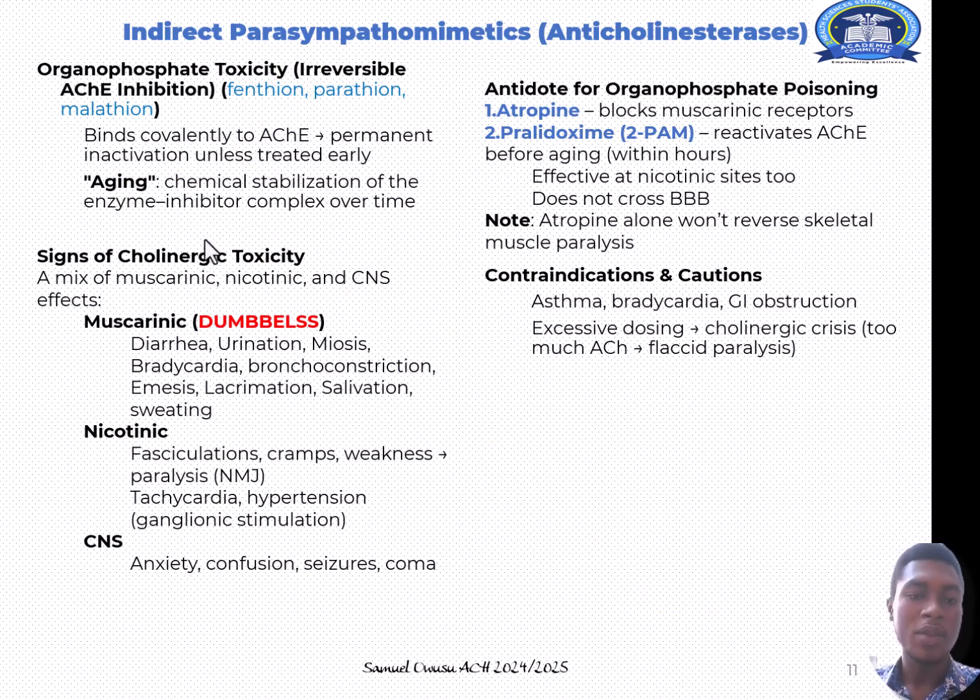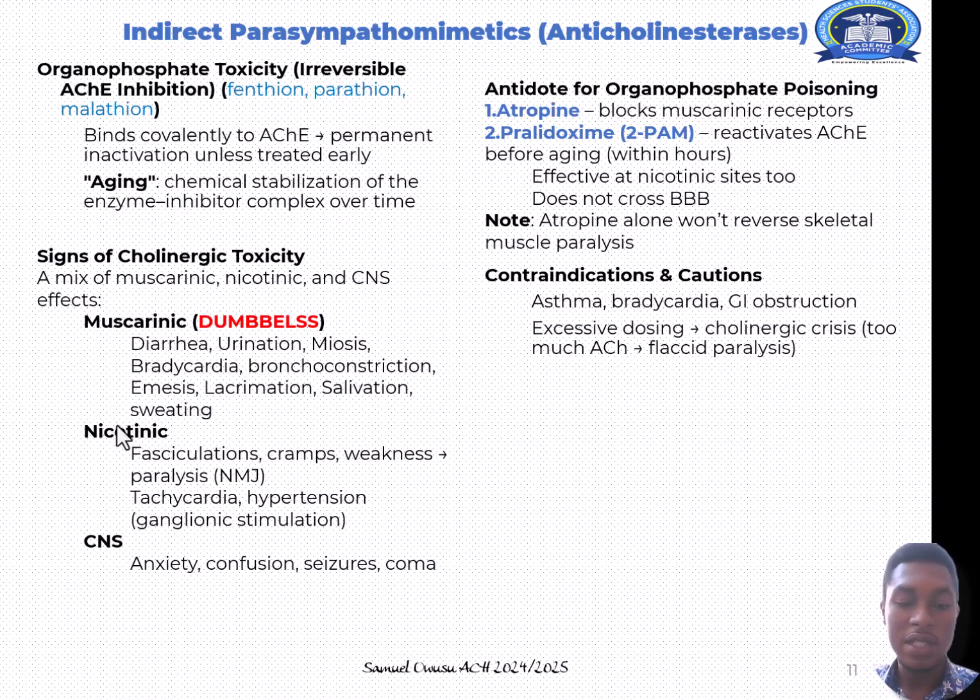Okay. So the signs of cholinergic toxicity are because we have a lot of buildup of acetylcholine, because the enzyme is irreversibly inhibited. It will have effects on the muscarinic receptor that cause DUMBBELS: diarrhea, urination, miosis, bradycardia, bronchoconstriction, emesis, lacrimation, salivation, and sweating.